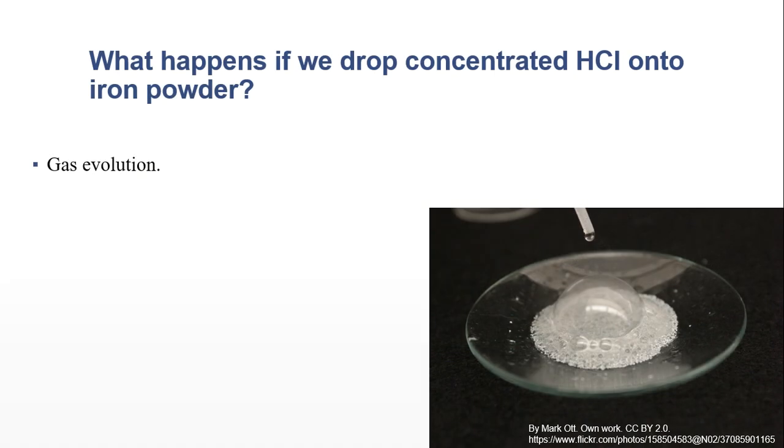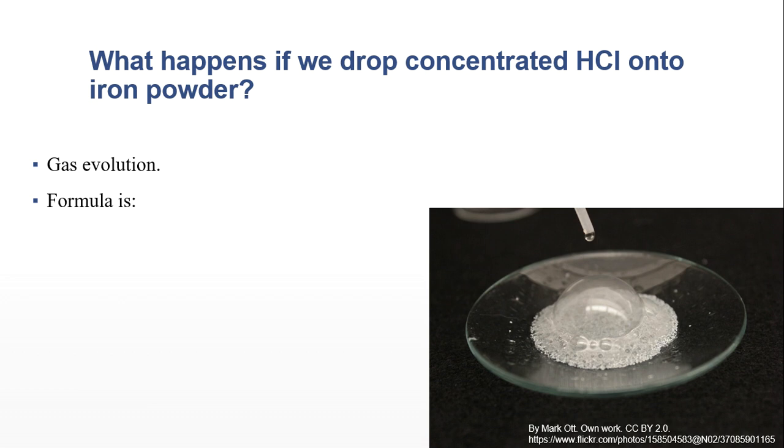The picture that I started with, and still have here in the lower right corner, shows what happens if we drop concentrated hydrochloric acid onto iron powder. It starts to bubble, which in chemistry we call gas evolution.